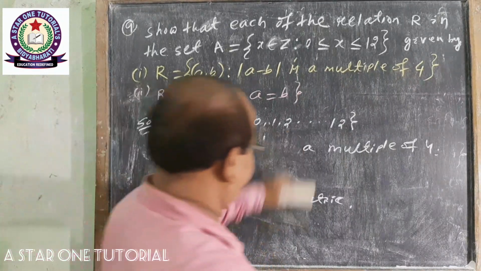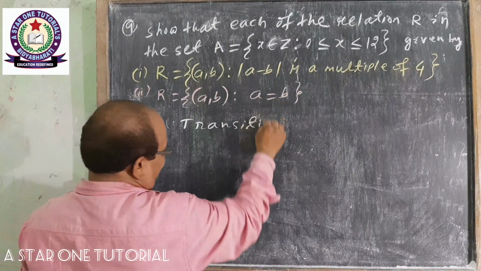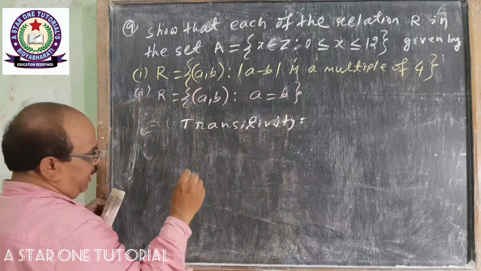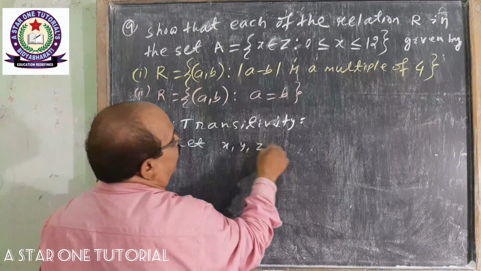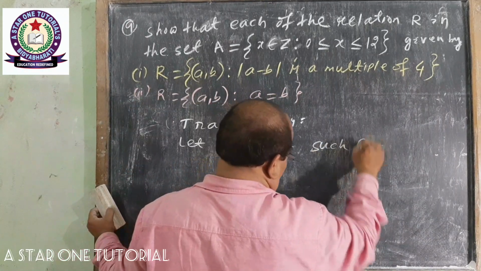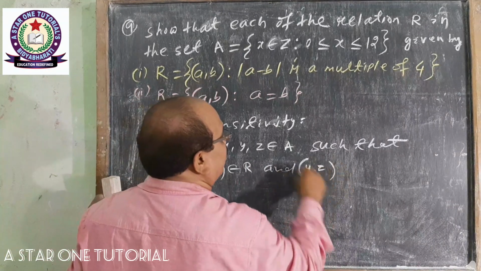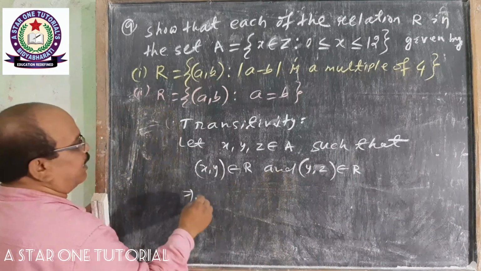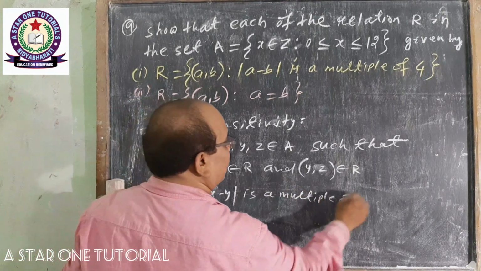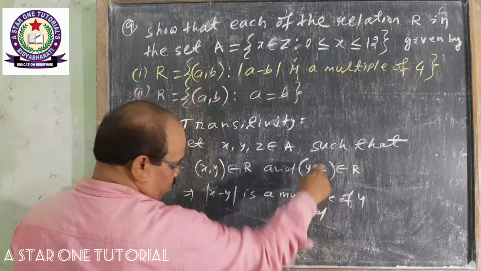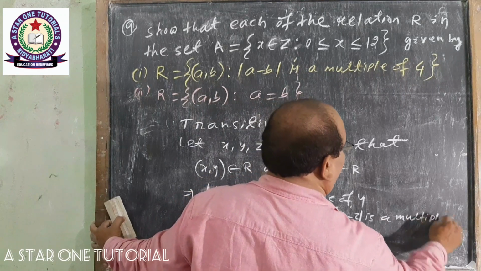Then come to transitive. For transitiveness, we have to choose any three arbitrary elements from the set A. Let x, y, z belong to A such that the ordered pair (x, y) belongs to R and (y, z) belongs to R. It means that modulus of x minus y is a multiple of 4 and modulus of y minus z is a multiple of 4.